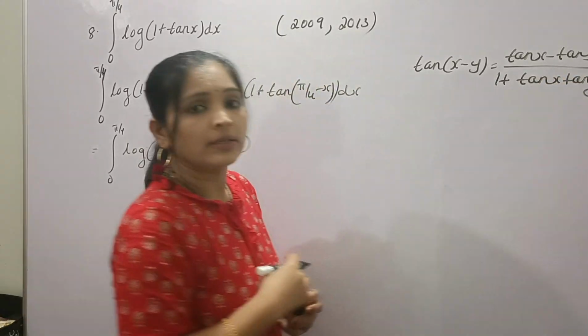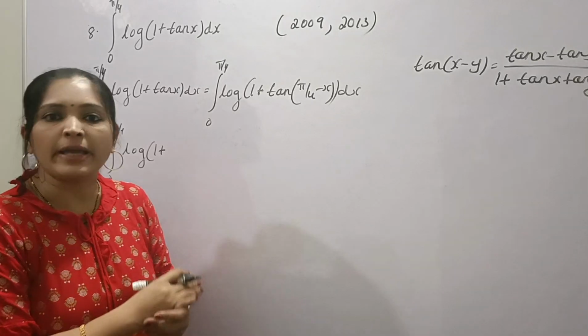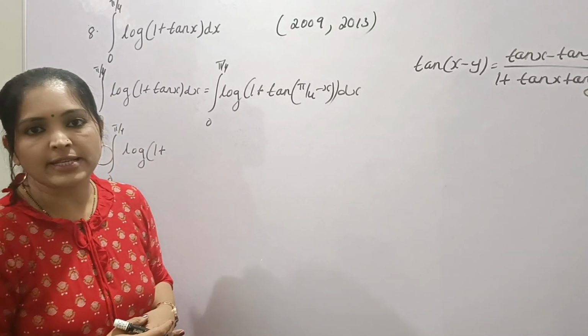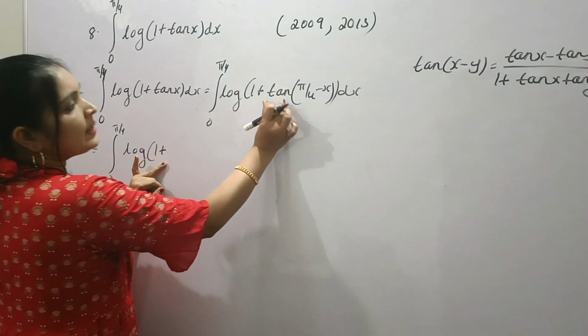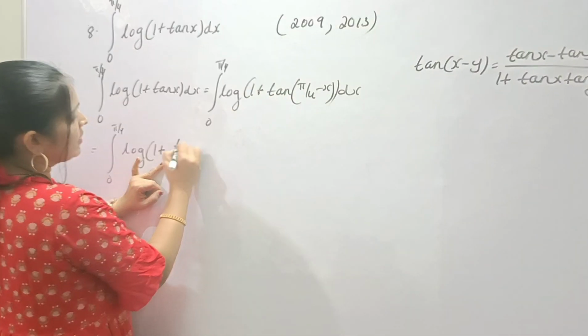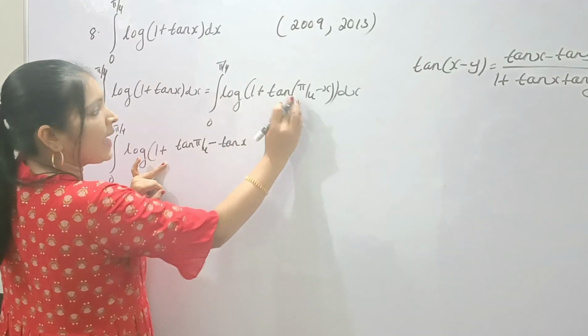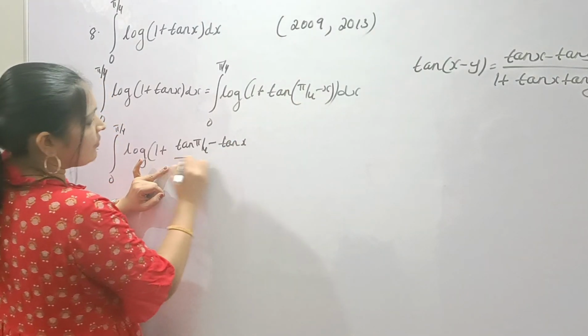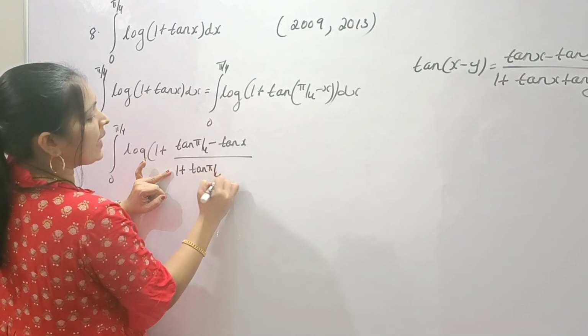We have learned it in trigonometric functions. So here we will write it as 1 plus tan pi by 4 minus tan x divided by 1 plus tan pi by 4 into tan x.